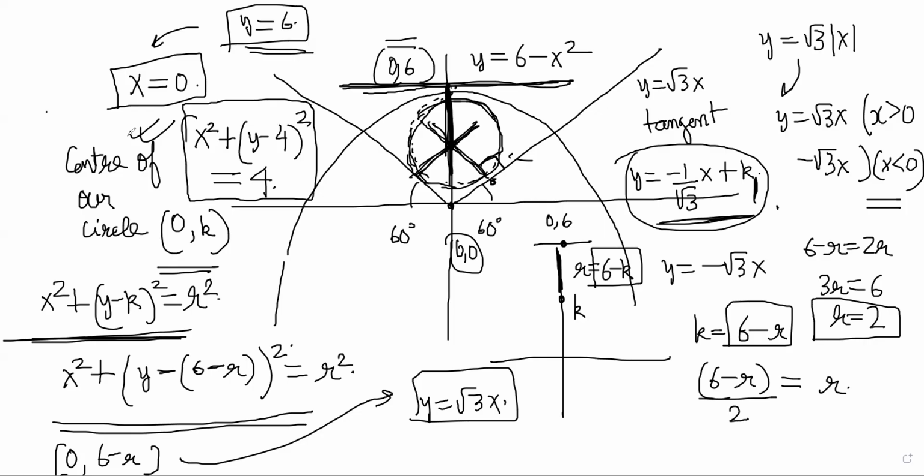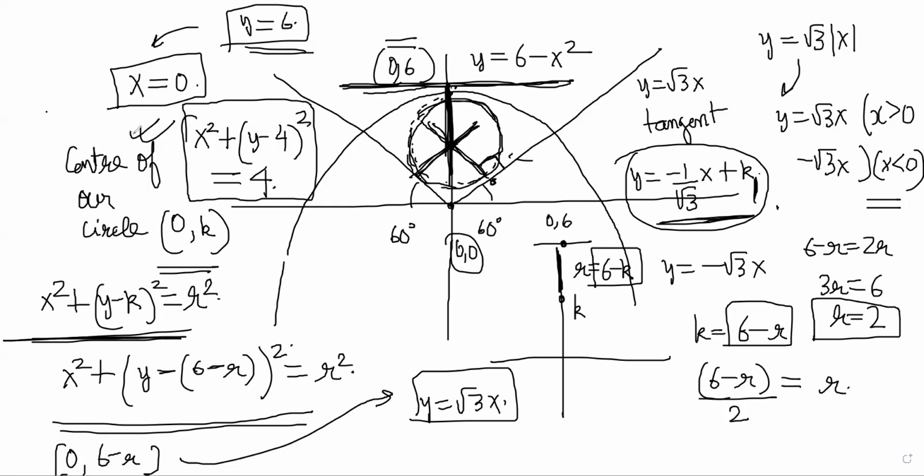What we had to do here was realize, first of all, by drawing the graph, that the center of the circle will lie on the y-axis. And if you think about the three tangents, y is equal to 6, y is equal to root 3x, and y is equal to minus root 3x, from there you will realize that if the center of the circle is at (0, k), the radius of the circle is 6 minus k.